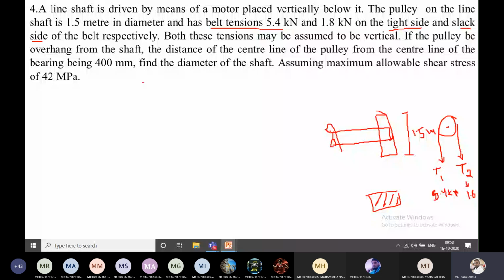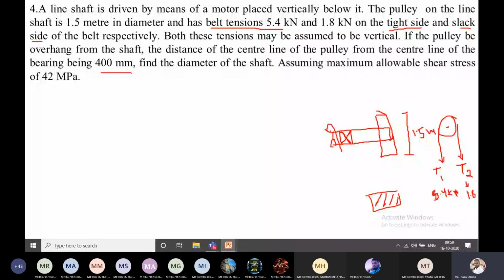In the examination also, whenever bearings are given, you need to draw like this: a square box with cross marks in it. 400 mm. The question asks to find the diameter of the shaft. This center distance between the pulley and bearing is 400 mm.